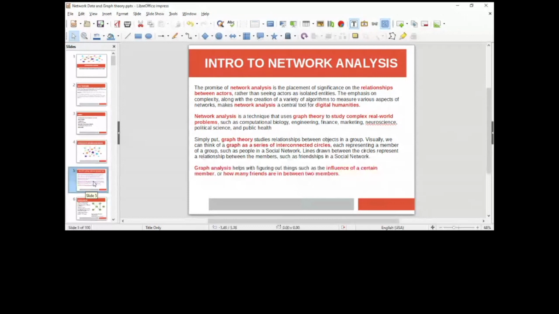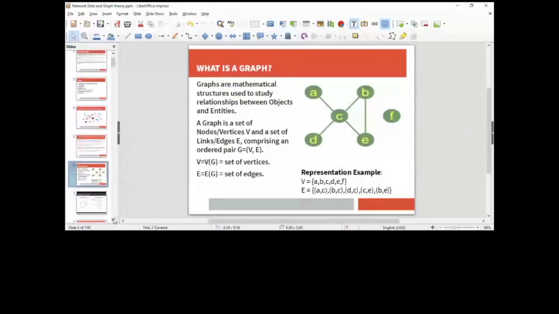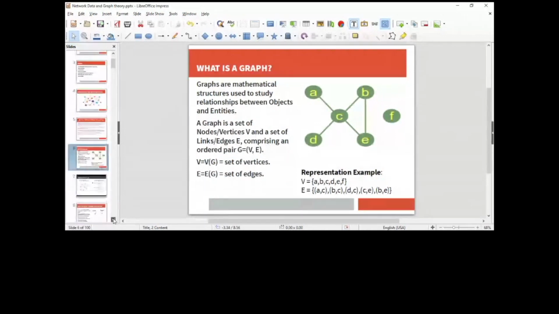Talking about graphs, graphs are mathematical structures used to study relationships between objects and entities. A graph is a set of nodes, the A, B, C, D. It's key that we understand these things. Another word for them is vertices. Then we have what we call the links. The links are these lines. These are the relationships.